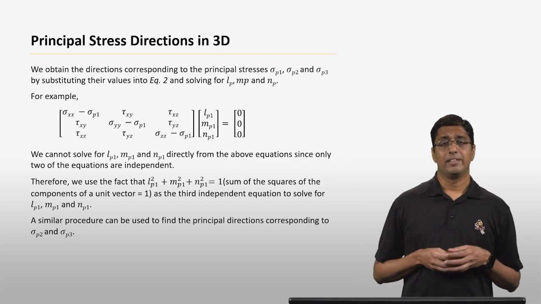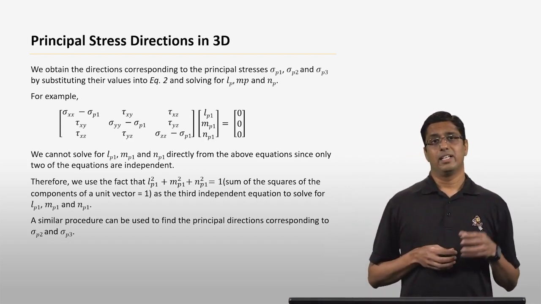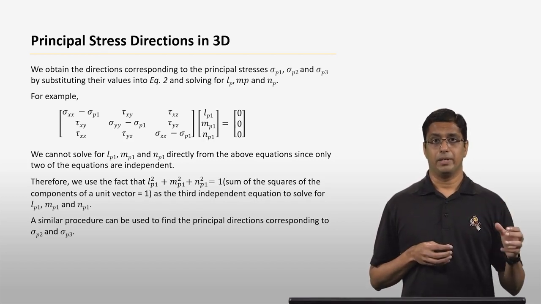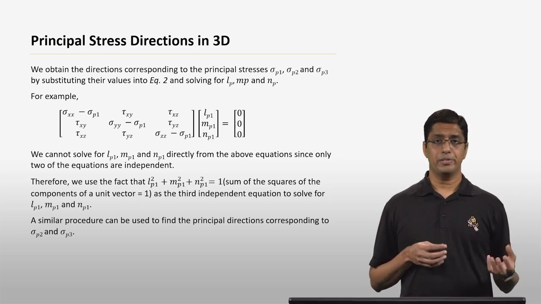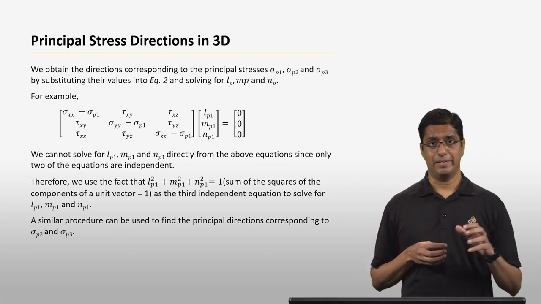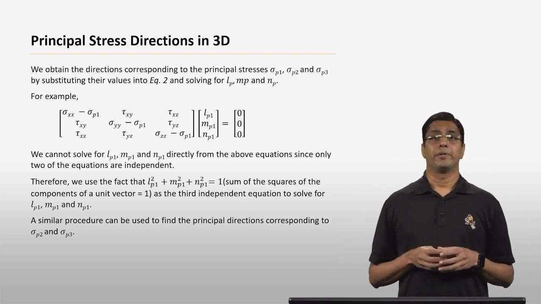These are the components of a unit vector, which means that LP1 squared plus MP1 squared plus NP1 squared should be equal to 1. So we use that as the third equation, along with the 2 independent equations from the matrix, to solve for LP1, MP1, and NP1.